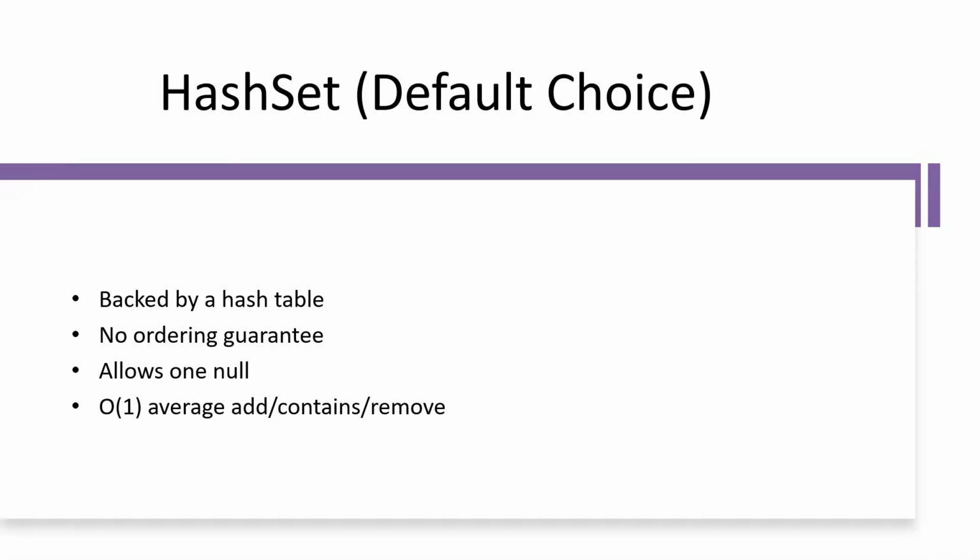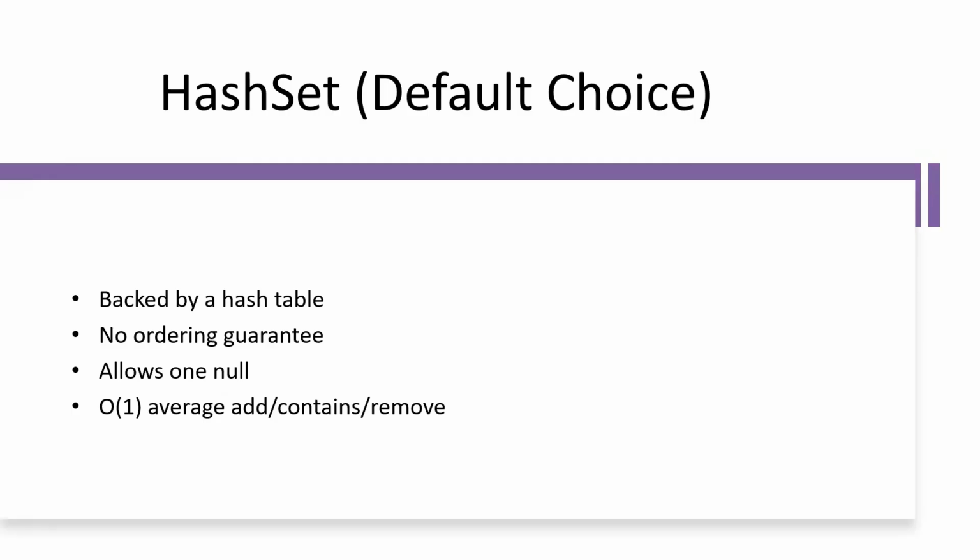So the first kind of set is the hash set. That's the default that we use. It's backed by a hash table. So there's a lot to unpack there. But essentially, what it means to be backed by a hash table is that it takes advantage of the functionality of a hash table, which is to only allow one key per hash table, because hash tables are key value pairs.